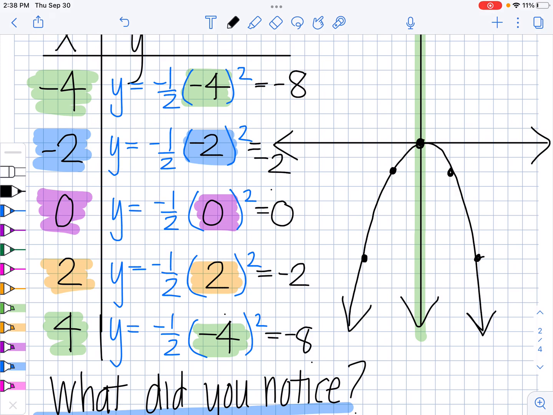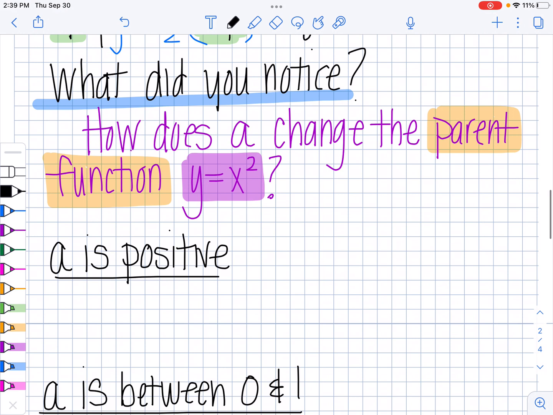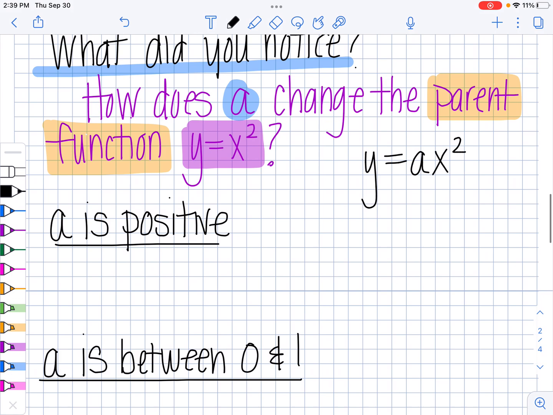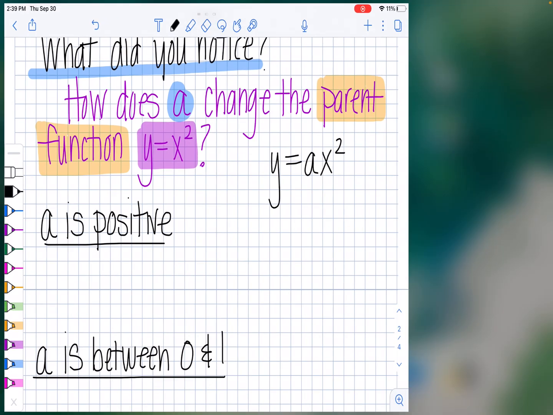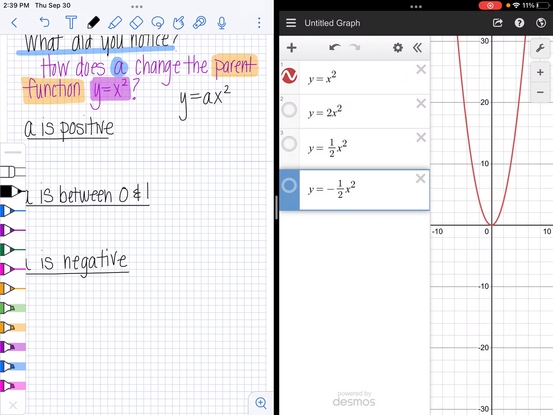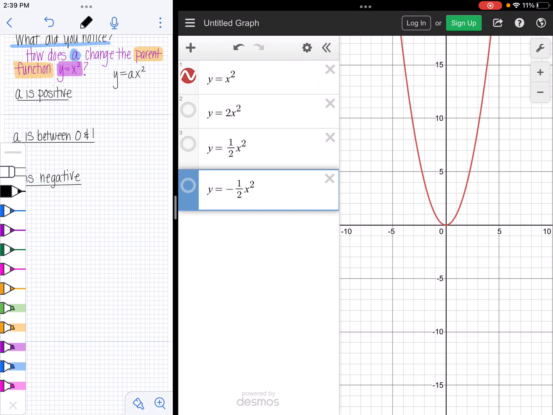Like this. Okay, so what did you notice? How does having this a value out in front, when it says y equals ax squared, change my parent function, y equals x squared? Let's do a quick recap. Here is a graph of my parent function y equals x squared.